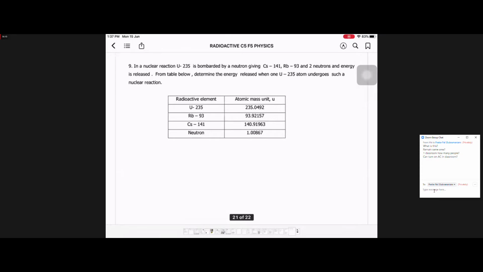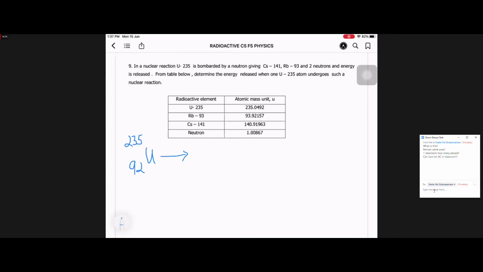Nuclear reaction: uranium-235 is bombarded by neutron, giving caesium, rubidium, and 2 neutrons. Energies from the table determine the energy release when one uranium-235 undergoes such a reaction. So first you will have uranium-235. Uranium-235 is 92, guys, 92, right?